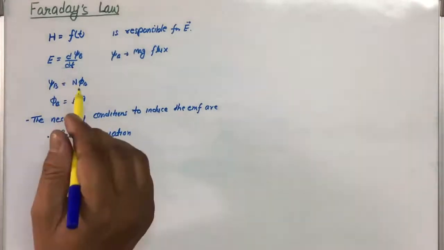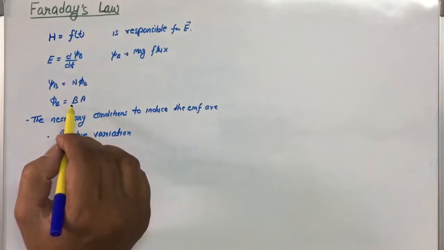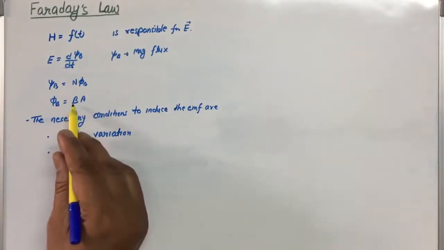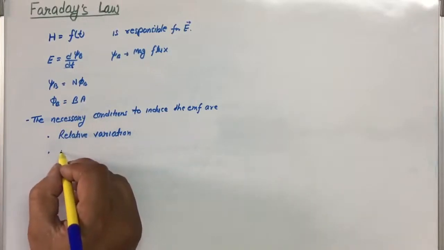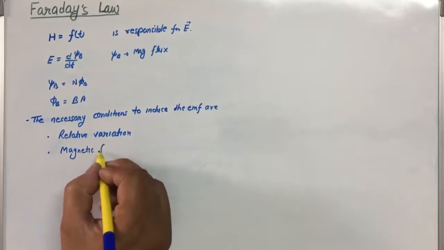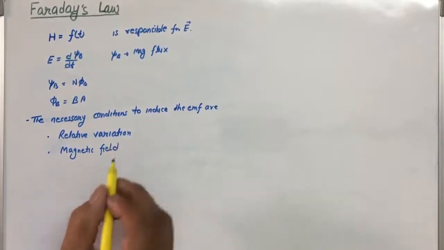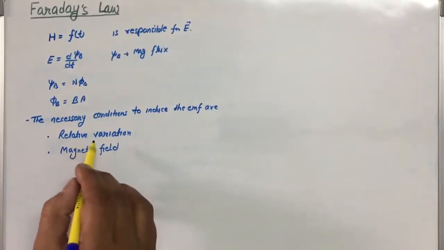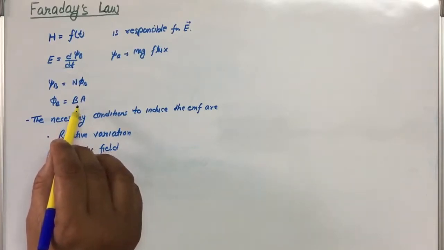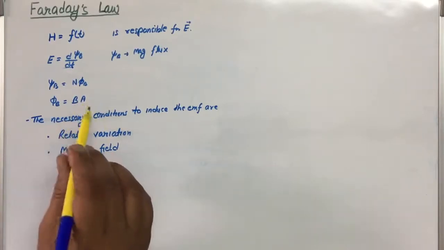The second thing is that the magnetic field is required. It is important to be there, and the variation between the field and A should be required. Either the area is changing or B is changing.